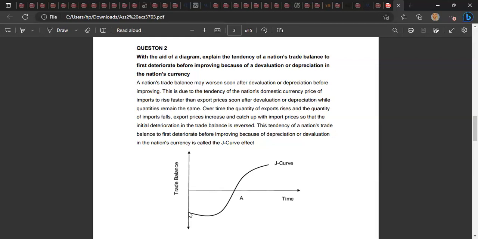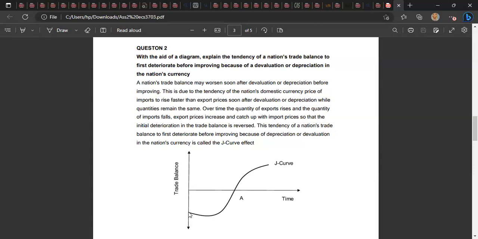In terms of preferences, for instance, if you are the United States buying 5 bags of rice from South Africa, the fact that the currency has depreciated doesn't mean that you will immediately double your demand.